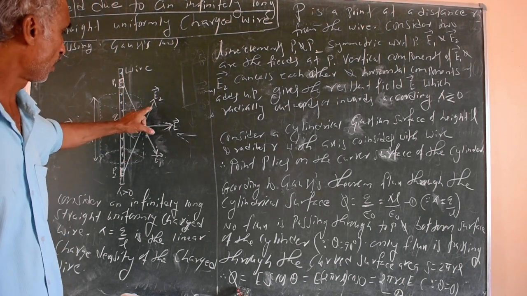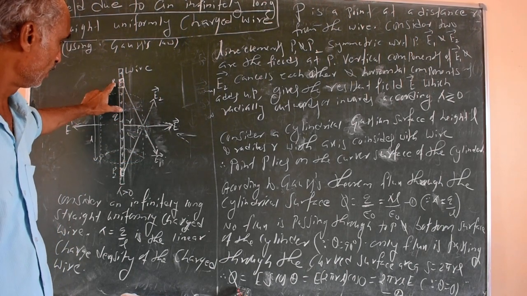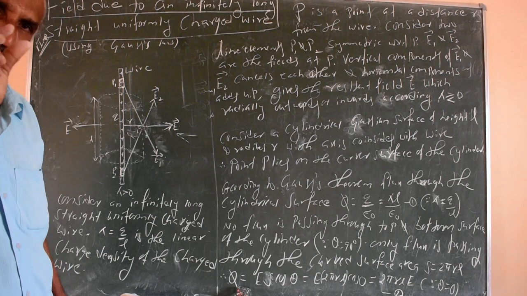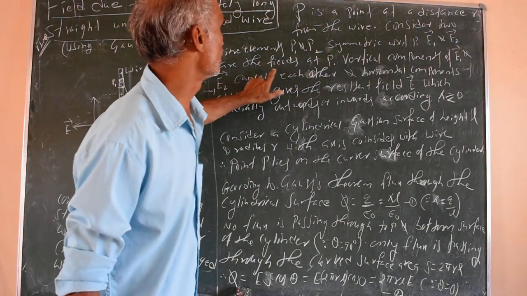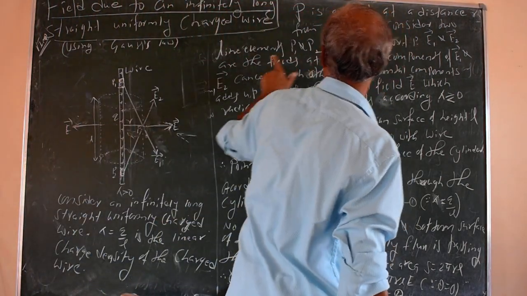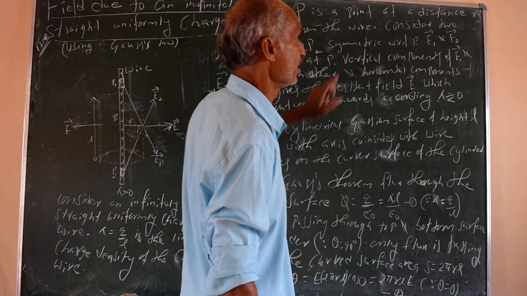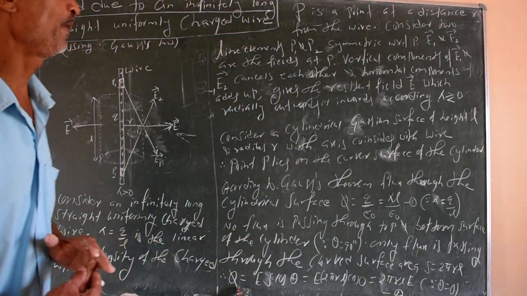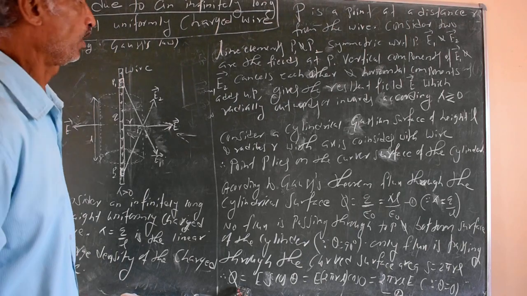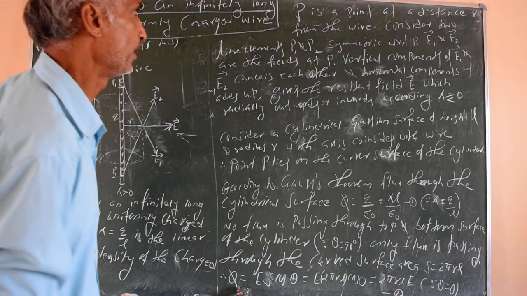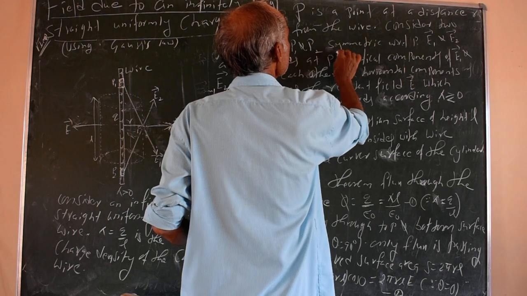E1 bar and E2 bar are the fields due to the line elements P1 and P2 respectively. P1 elements means small portions of the line. They are the fields at point P.